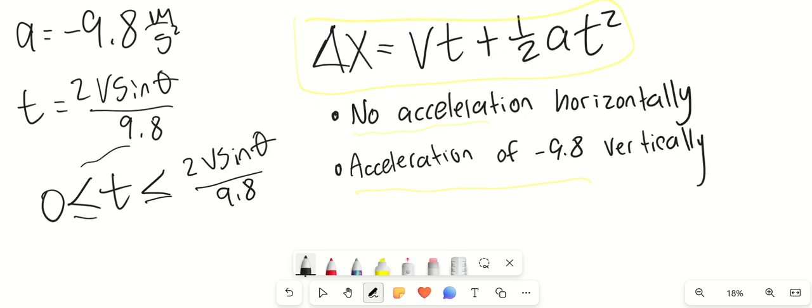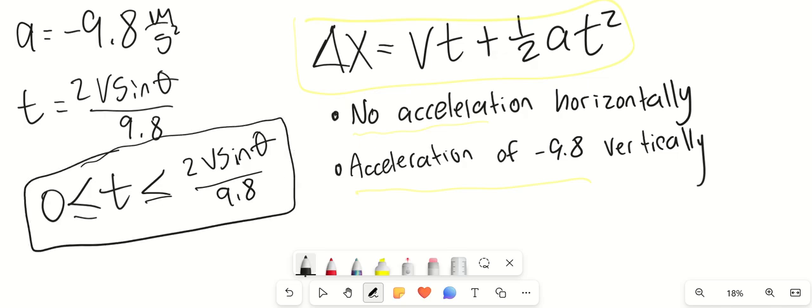That'll be the restriction that I put on my time. So for both of these equations, for that delta x equals vt plus 1/2 at squared, I have to restrict it to being between my time values of 0 and that maximum time. If I don't put that restriction, it's going to give me a bunch of data points that don't correspond with any actual values. Now we're going to go to Desmos.